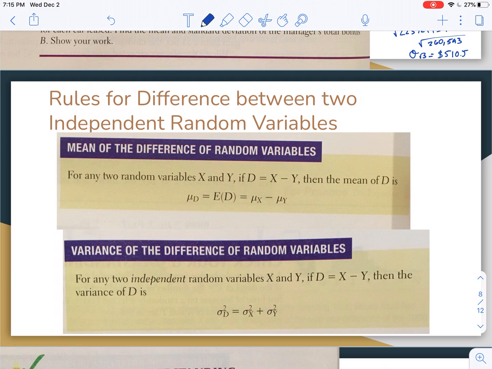And since those ranges are the exact same numbers, you end up with the exact same variance and the exact same standard deviation. So the variance formula and the standard deviation formula don't change for combining two random variables versus the difference between two random variables.